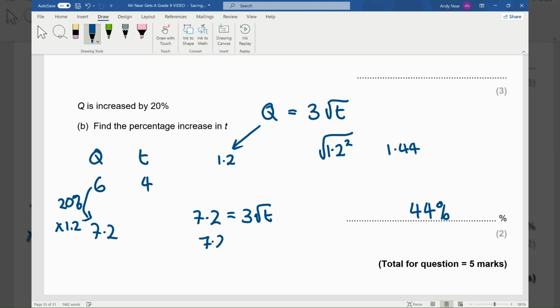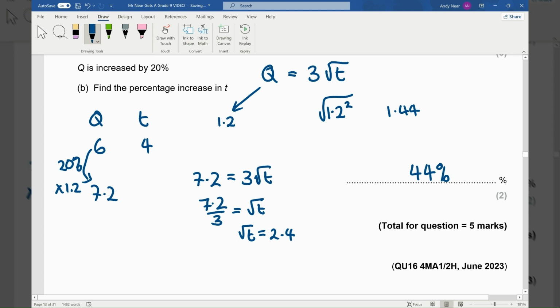If you divide both sides by 3, the square root of t is 2.4. When you square both sides, t becomes equal to 5.76. So when Q is 7.2, t is 5.76.